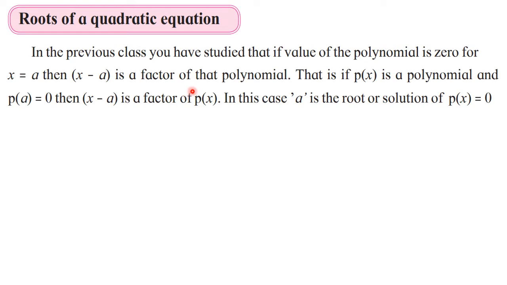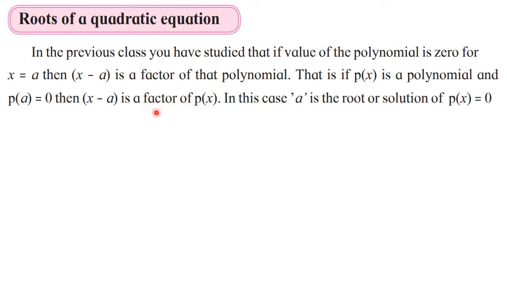In general, if p of x is a polynomial and p of a is equal to 0, that means if in place of x we put any number a and the answer is 0, then x minus a is a factor of p of x.